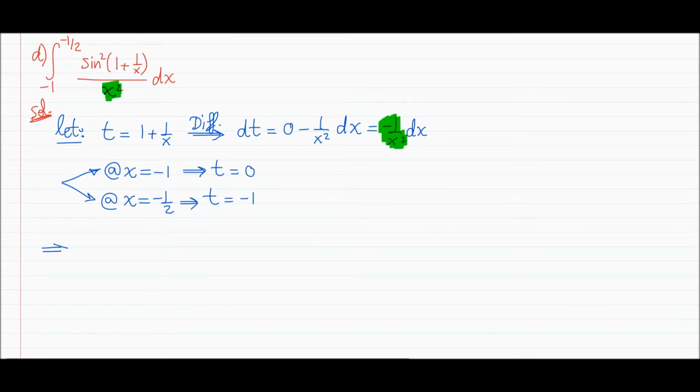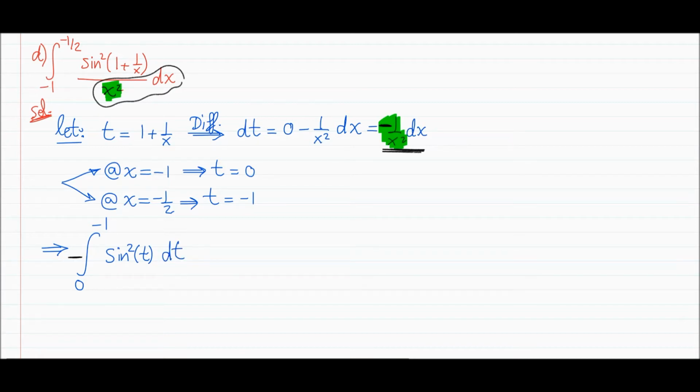So the integral now will be integration. You have to replace -1 with 0 and replace -1/2 with -1, and then it will be sine squared of t multiplied by the rest element, which will be dx over x squared, which is here exactly the same, but there is a negative sign missing, so I have to write this negative outside and then write dt.